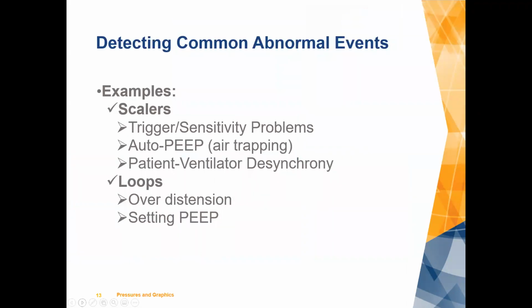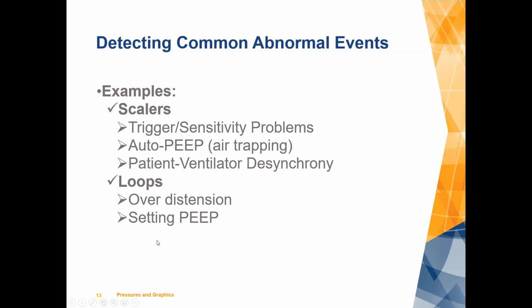So, detecting common abnormal events, which is what we're focusing on today. The scalars, where you're looking at time on the horizontal axis, are really looking at the potential for trigger and sensitivity issues. Also looking at things like auto-PEEP or air trapping. And then looking at some of the more common forms of patient-ventilator dyssynchrony or asynchrony.